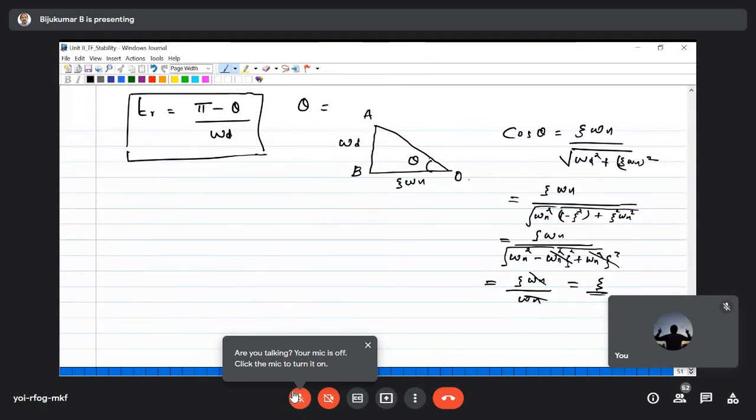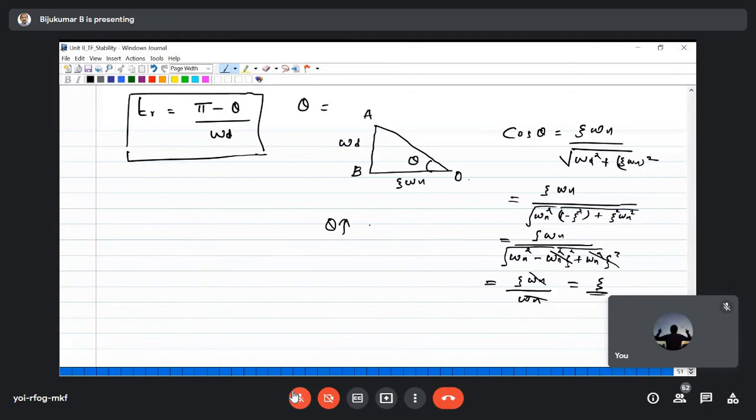So one more observation I want to tell from here. Suppose theta is increasing. We know cos theta equals damping ratio, right? So this angle is increasing means damping will increase or decrease? Yeah, damping will decrease.